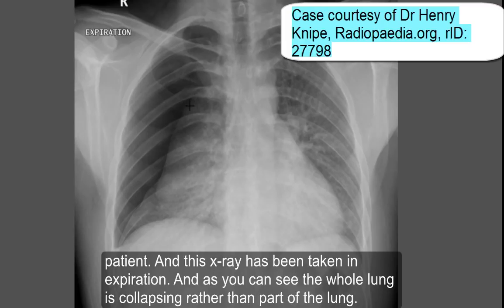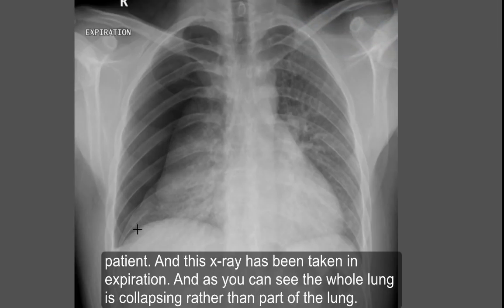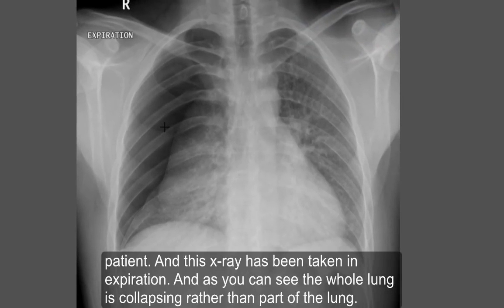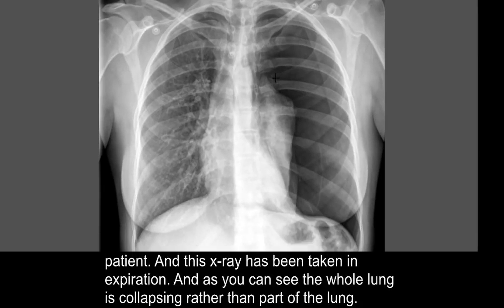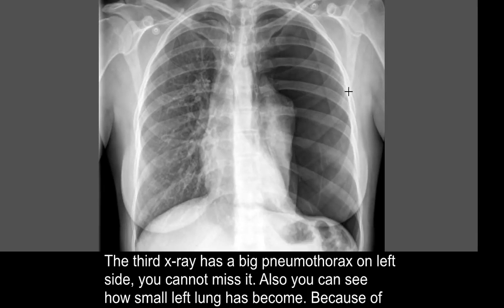As you can see, the whole lung is collapsing rather than part of the lung. The third x-ray has a big pneumothorax in the left lung. You cannot miss it. Also, you can see how small the left lung has become.